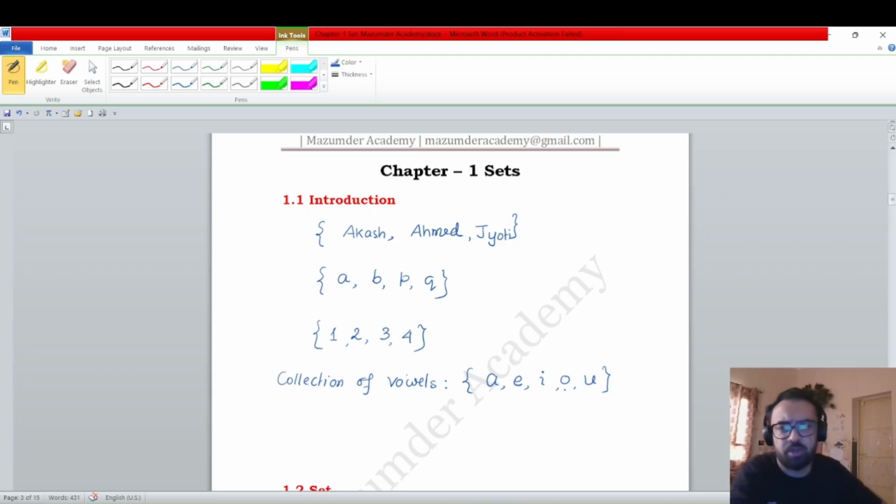These 5 letters will always come. So the collection whose elements are not going to change, if you make the collection multiple times or by multiple people, those collections will represent a set. So this is a set.